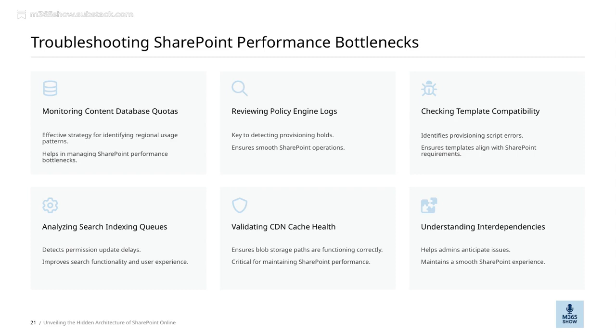Finally, monitoring content database quotas is vital because exceeding these limits can cause performance degradation or even outages. Keeping an eye on quotas helps us plan capacity and avoid unexpected issues. Overall, these troubleshooting strategies form a comprehensive approach to maintaining optimal SharePoint performance, ensuring a seamless experience for all users.